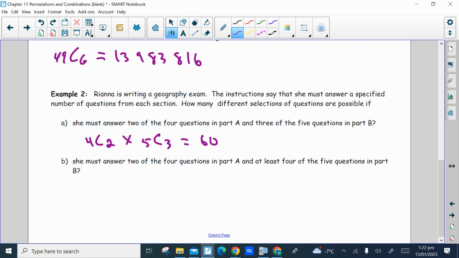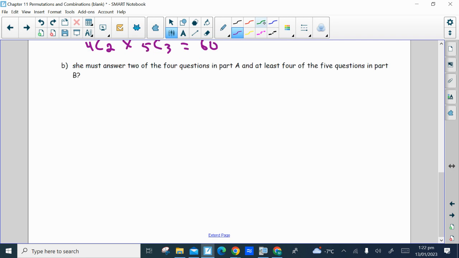Part B says, what if she must answer 2 of the 4 questions in Part A and at least 4 of the 5 questions in Part B? So this is another one of these examples where we have to look at scenarios.